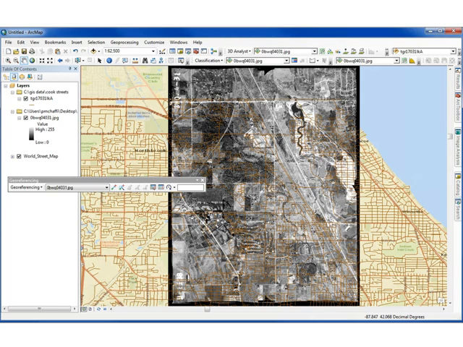So there is a method in ArcGIS, and I'll outline it for you here in just a second, using the georeferencing toolbar that will allow you to create georeferenced raster layers from TIFF images, JPEG images, and I believe even MrSID images.